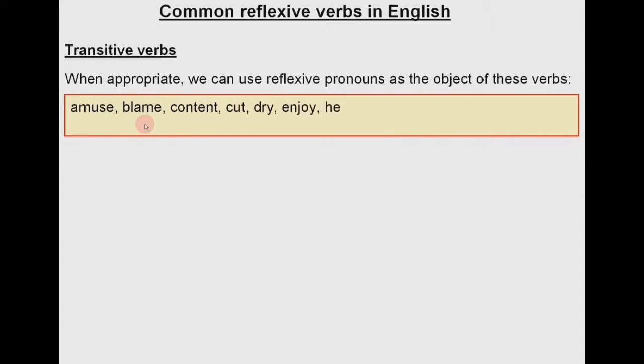Amuse, blame, content, cut, dry, enjoy, help, hurt, introduce, kill, prepare, teach. Now there are many other verbs, in fact, but these are the most common verbs where we use reflexive pronouns.